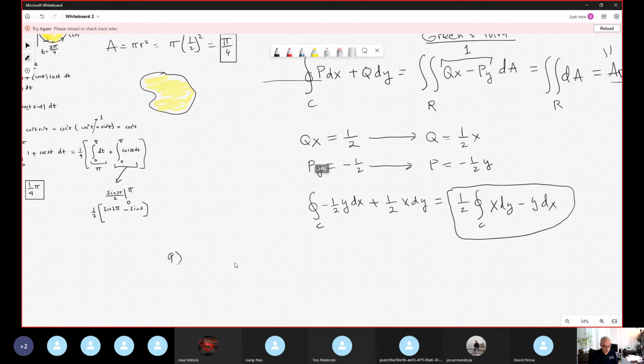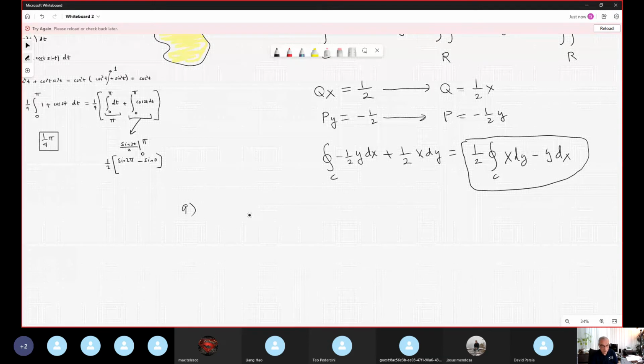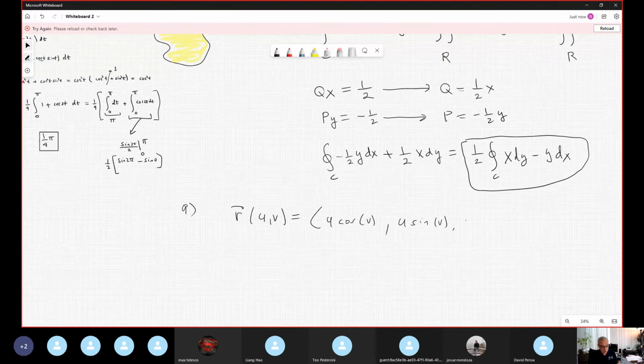So the only information given is the vector valued function that represents one surface: u cosine v, u sine v, u squared. If you want, you can put this vector valued function in GeoGebra, with surface.